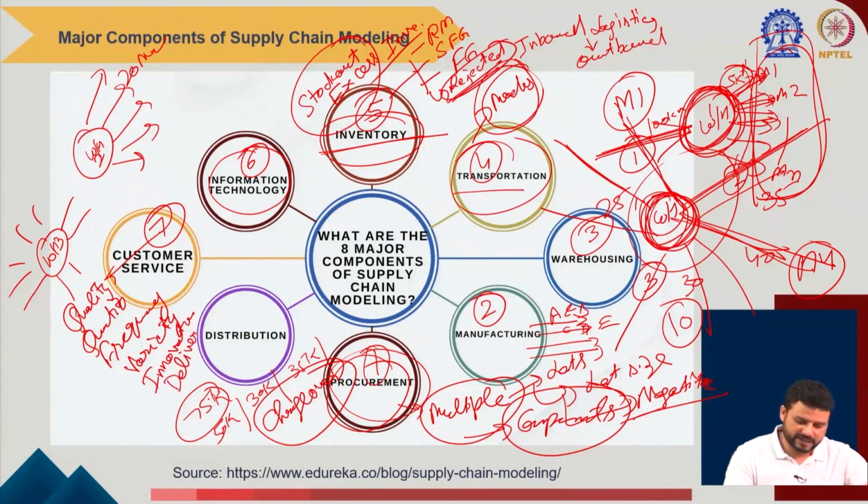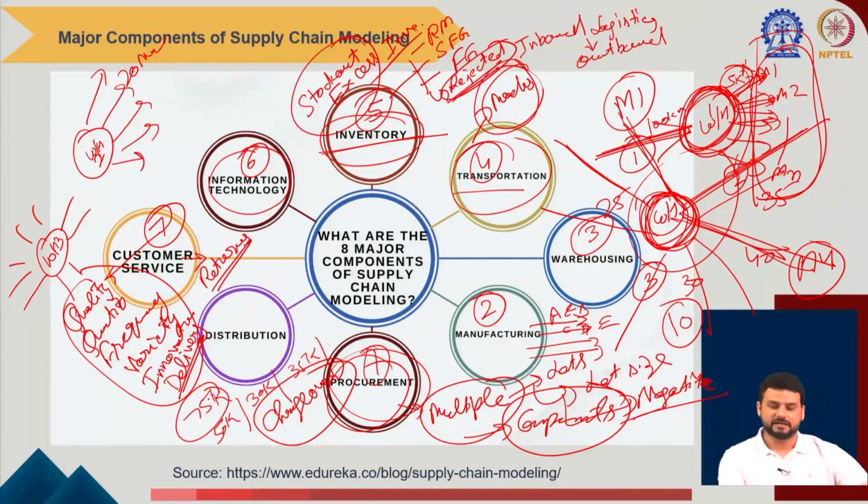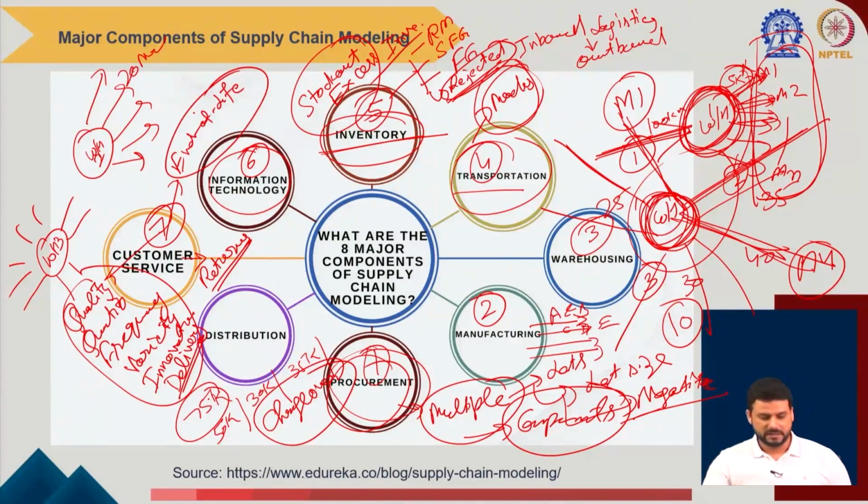Either they want doorstep delivery, or they want some pickup locations, or they want to feel the product and then purchase it, right? And this is not the end. Then there are customer expectations in terms of returns, how you will manage those returns, or if it is the end of life of that product, how you are recycling, reusing, or remanufacturing it, right? The final component is distribution, how you are ensuring the distribution network, right?